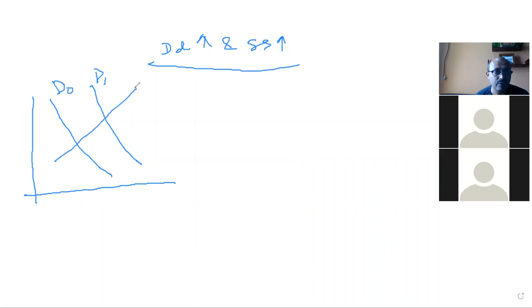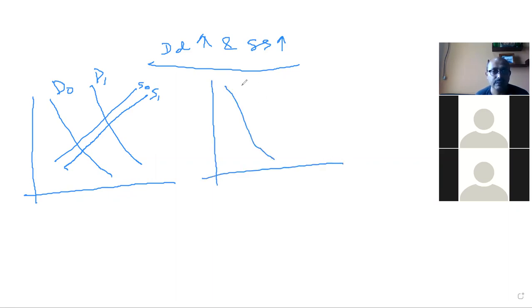Supply is increasing from S0 to S1. Number two, here demand is increasing from D0 to D1 and supply is increasing from S0 to S1. So this is D0, this is D1, this is S0, this is S1.